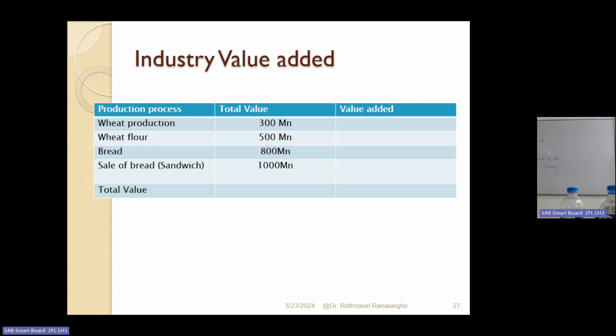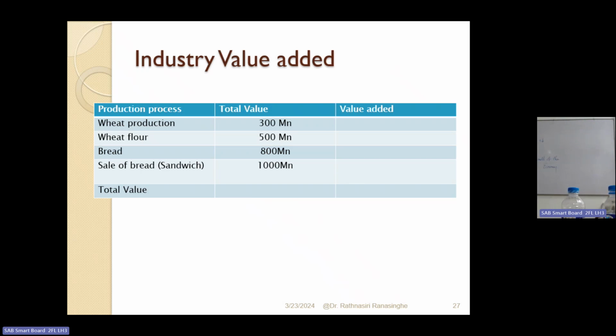If we take that 2,600 million and add it to the national income, what happened? There's a double counting error.